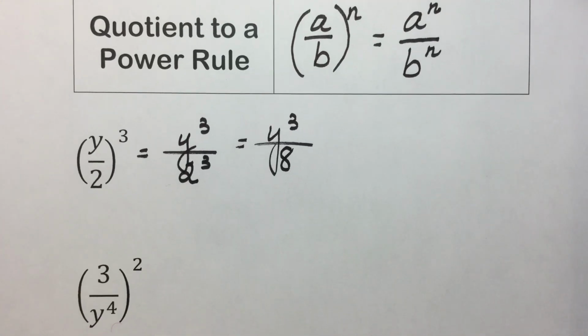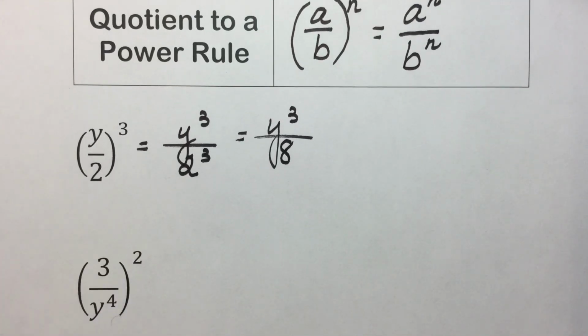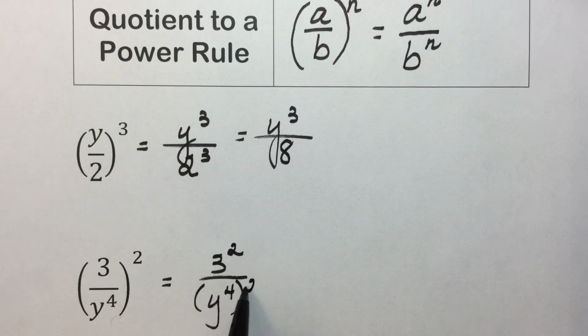In this next example, we can apply the quotient to a power rule as well. The numerator will be raised to the second power, and we'll treat the denominator as a quantity raised to that second power as well.